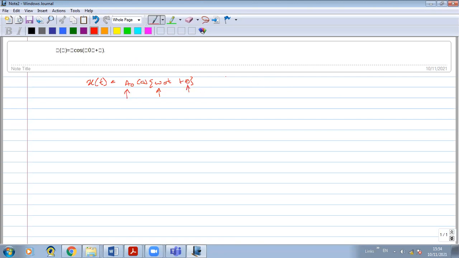If we draw the cosine wave without a phase shift, it will look like this. This is one cycle, and this is another cycle. The signal will look like this.